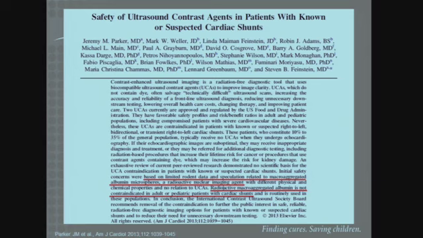And it's interesting that there is no such contraindication for the use of these radioactive macro aggregated albumin microspheres in nuclear imaging, but that the contraindication remains for the use of ultrasound contrast agents. So there's been a push recently to have this right to left shunt contraindication removed from the package label.